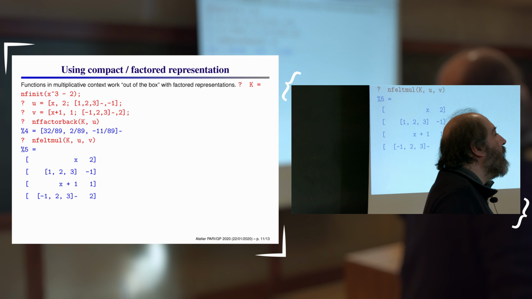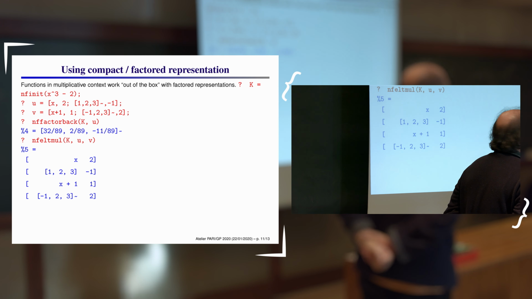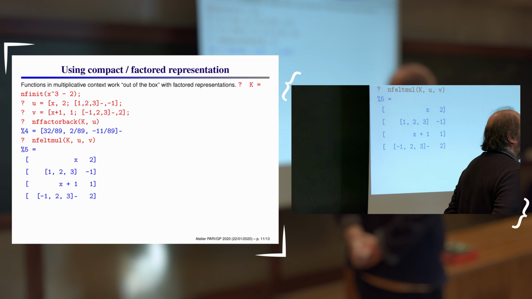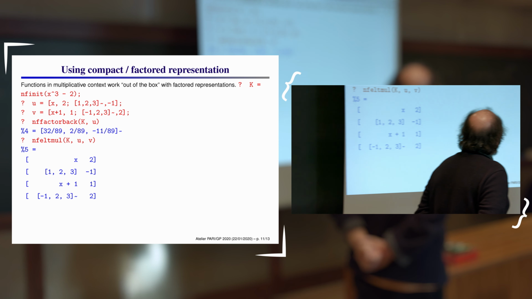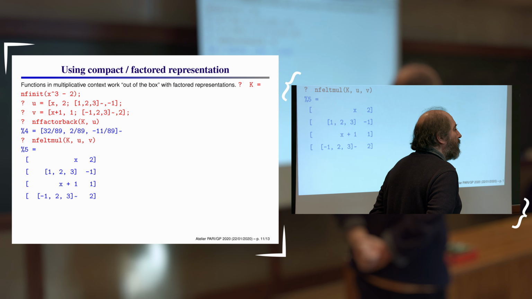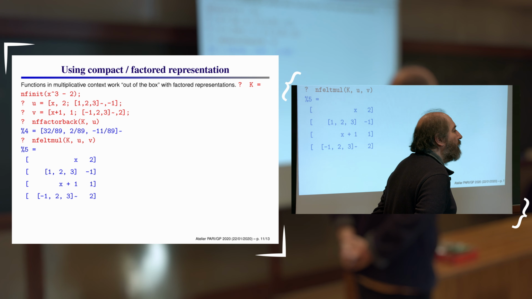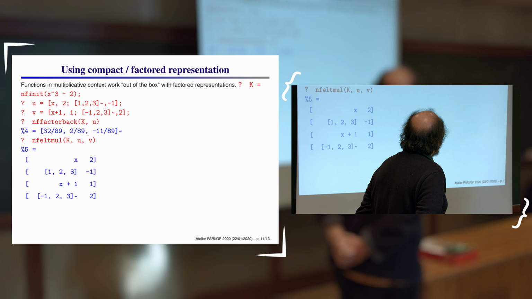So I tried, for example, using the vector representation of x, which was 0, 1, 0. The factorization I get is x to the 2 and then 0, 1, 0, which is equal to x anyway, but in a different representation.